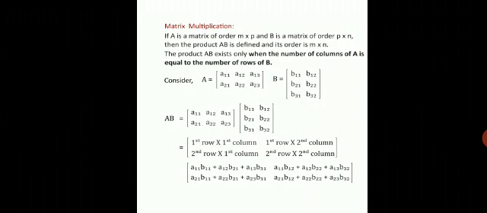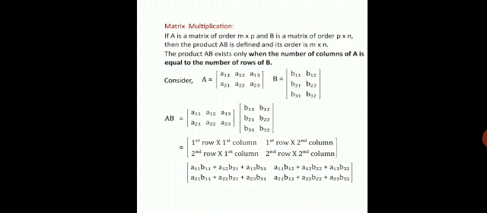Similarly, the second element, that is the first row with the second column, is equals to A11 B12 plus A12 B22 plus A13 into B32. We will get two elements when you multiply the first row with the remaining two columns.